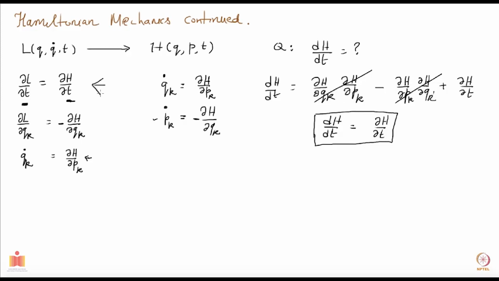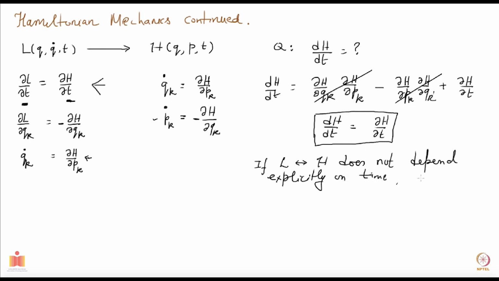So let's say the explicit time dependence is not there, and if that is the case, then your total time derivative of H will be 0. So if L, or equivalently H, does not depend explicitly on time, then this thing is 0.